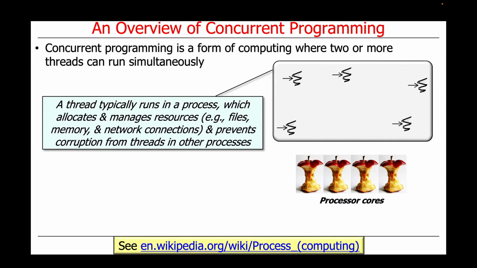And it's used as a way of protecting things because a thread running in one process cannot easily or even feasibly access threads and data running in other processes. So the process boundary concept is used to protect and prevent corruption from threads in other processes. It's possible to do some sharing of data between processes, but it's very hard, and some languages make it almost impossible without additional help, Java being one of them.